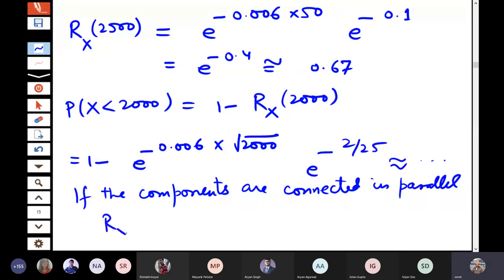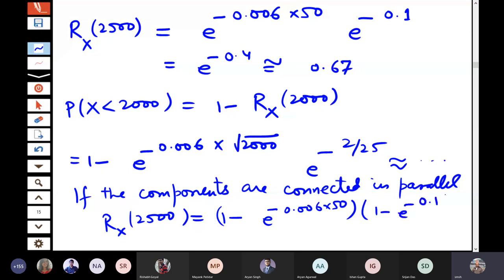Then you will have 1 minus e to the power minus 0.006 into 50 and 1 minus e to the power minus 0.1, and 1 minus of this. So you can easily check now that this is approximately 0.98.